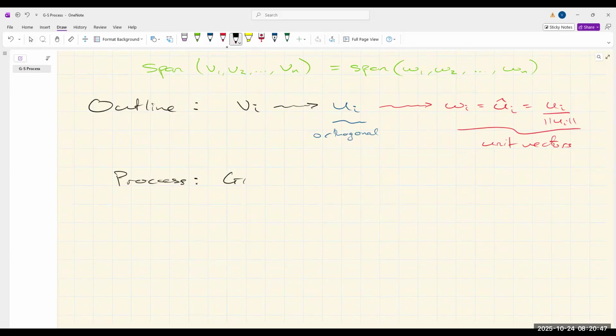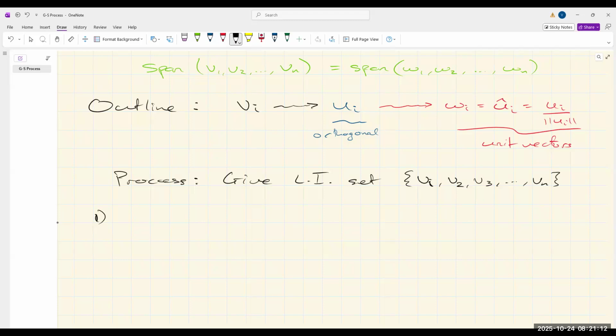right? So again, we don't need a full basis. It's enough to just have a linearly independent set. So given a linearly independent set, so we're given the V's, V1, V2, V3, and so on, Vn. The first step, according to this outline, is we need to get the U1.